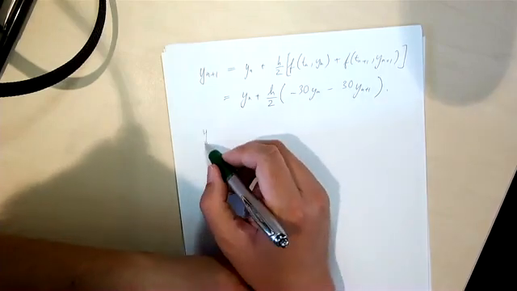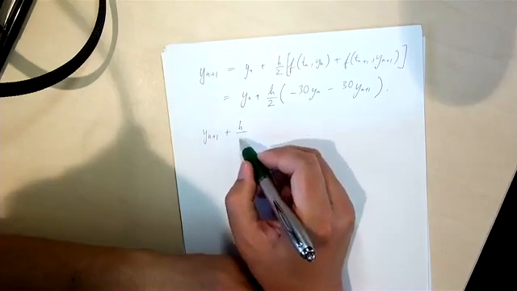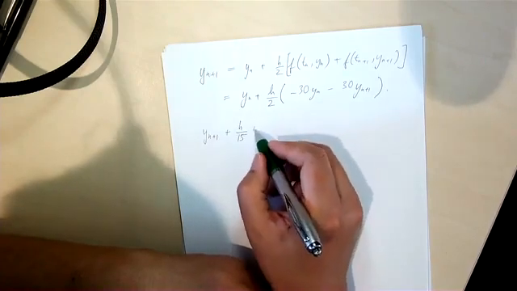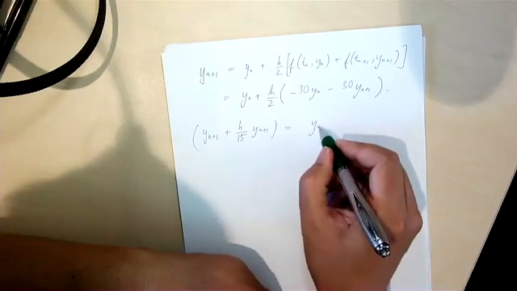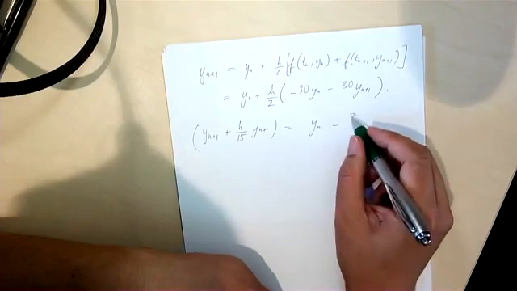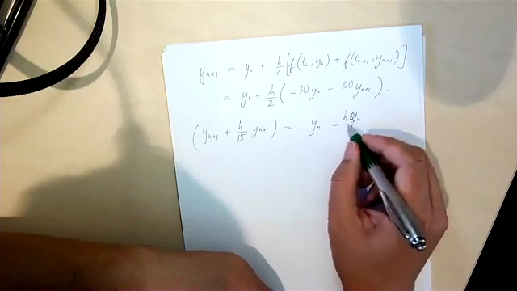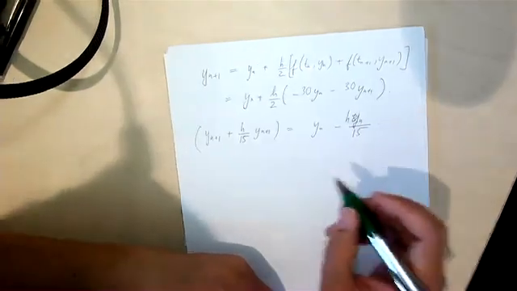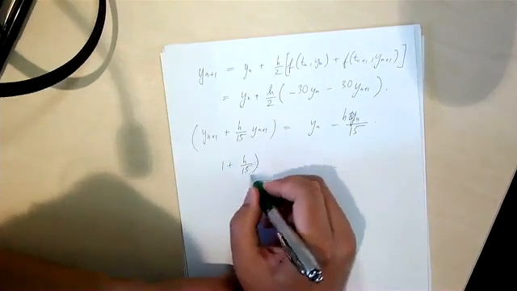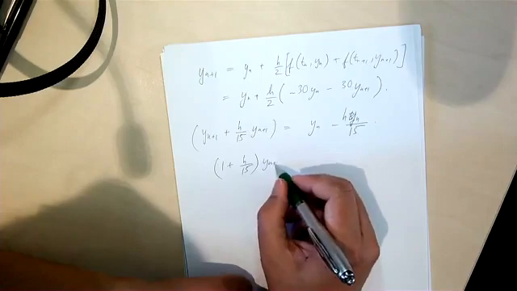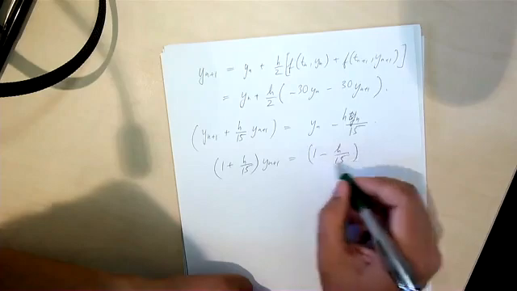So you have yn plus 1 plus h over 15 yn plus 1 equal yn minus h yn over 15, yeah. Okay. So this one is 1 plus h over 15 yn plus 1, and this one is 1 minus h over 15 yn.